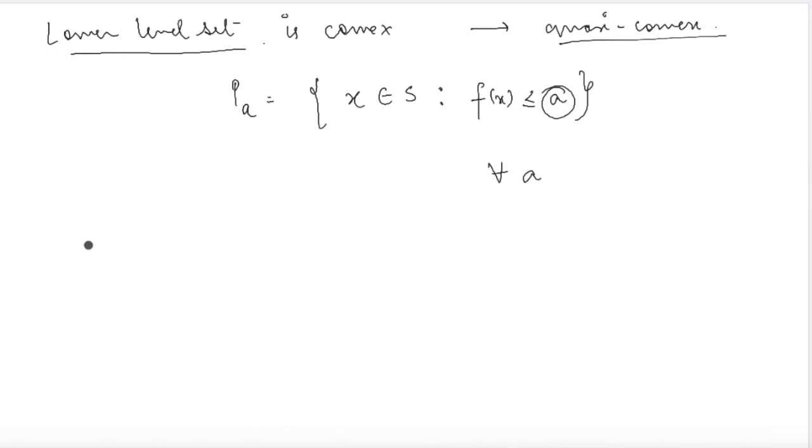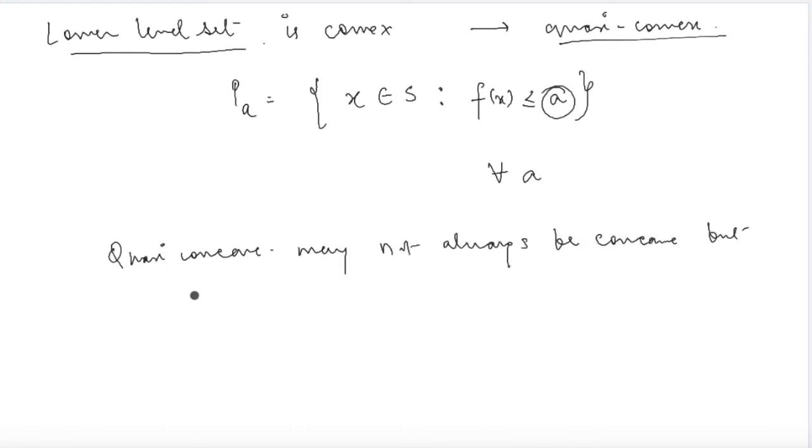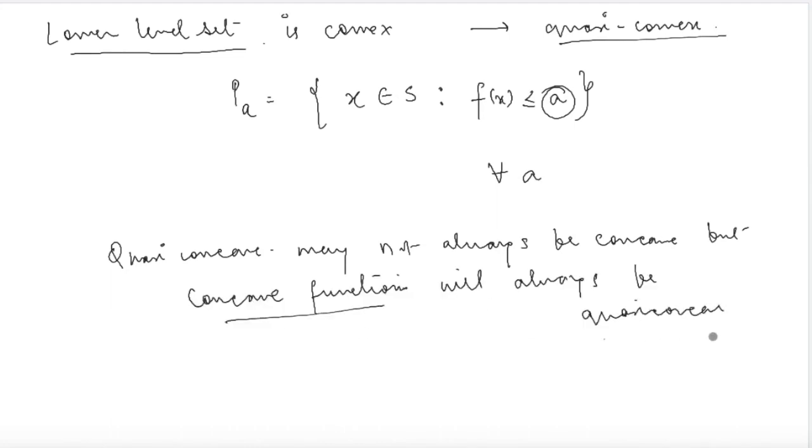Now we just said that it is possible for a function to be not concave and still be quasi-concave. So basically, quasi-concave functions may not always be concave, but concave functions will always be quasi-concave. Meaning that if you have a concave function, then it will always be quasi-concave.